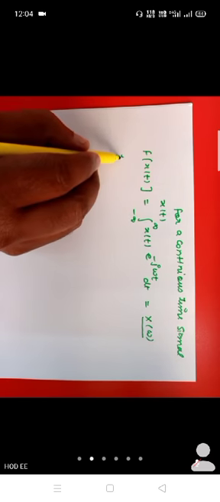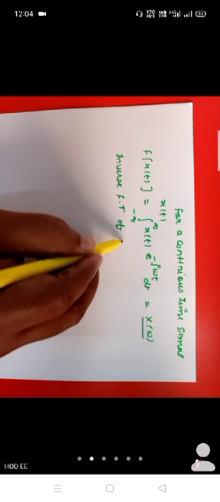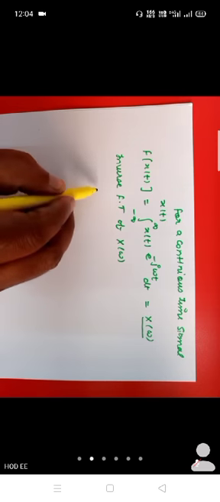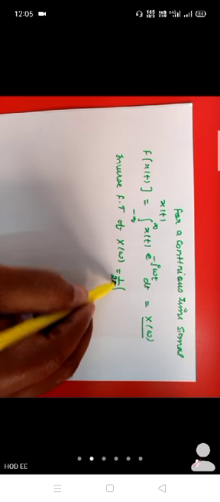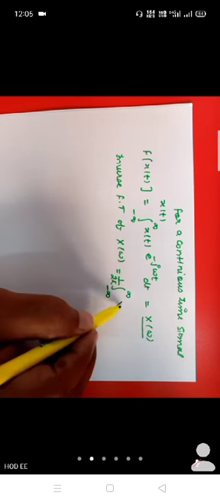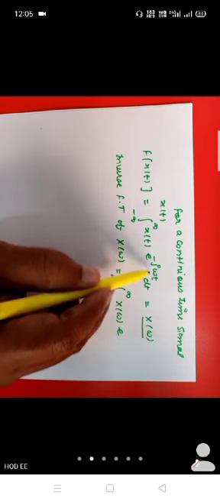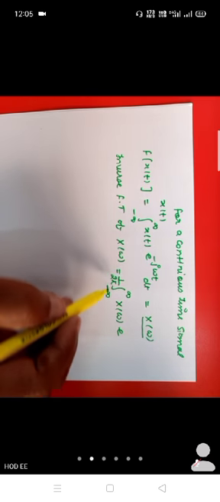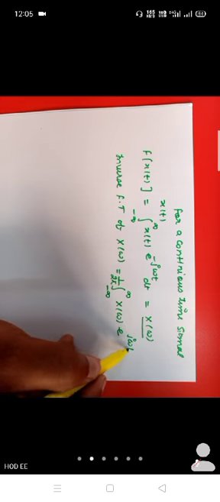The inverse Fourier transform of X(omega) is equal to 1 upon 2 pi, integral from minus infinity to plus infinity of X(omega) e raised to the power j omega t d omega, which is denoted by x(t). In the Fourier transform we use e raised to the power minus j omega t, but in the inverse Fourier transform we use plus j omega t.